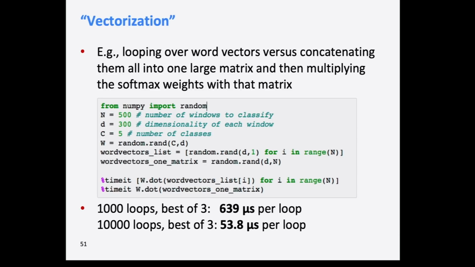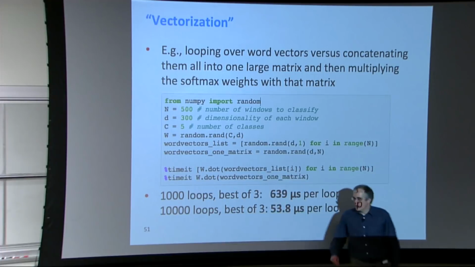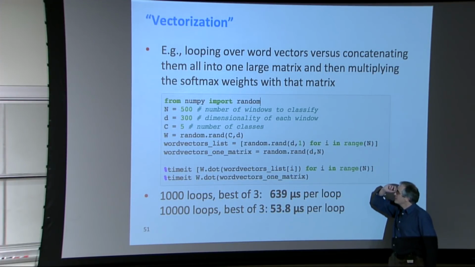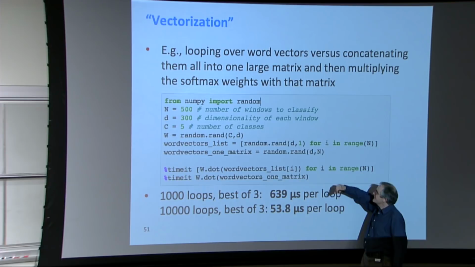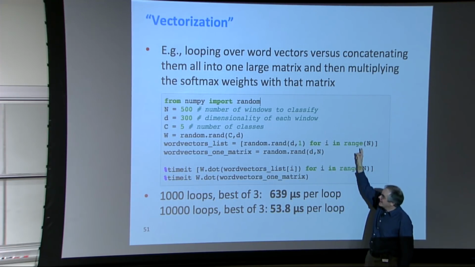What that means is, the straightforward way to write a lot of code that you saw in your first CS class is to say for i in range n, and calculate one word vector at a time.